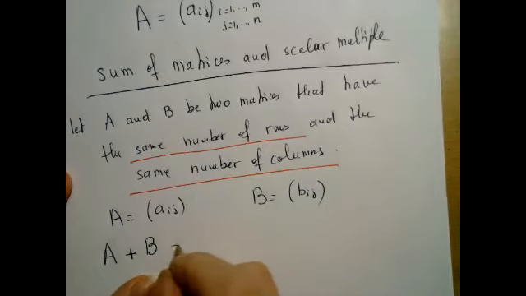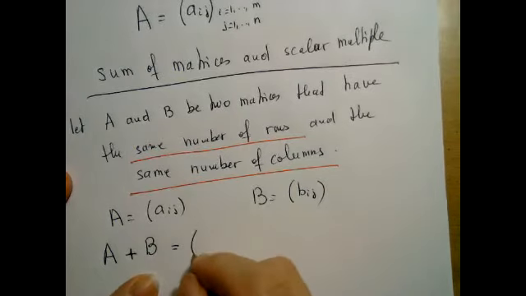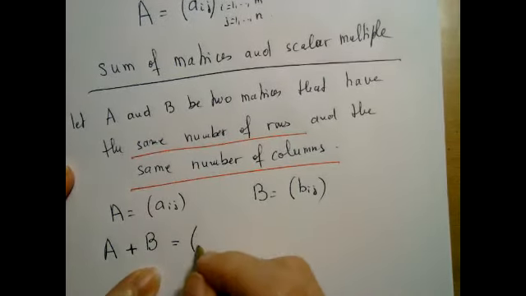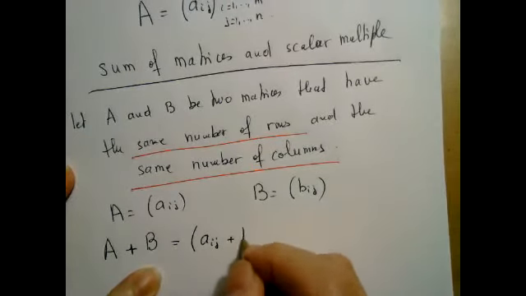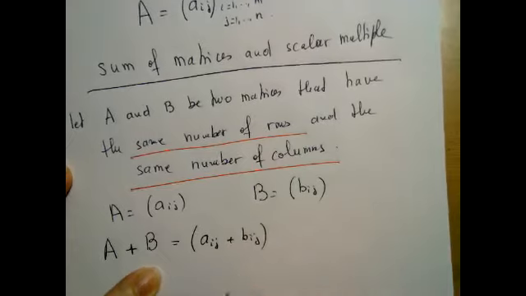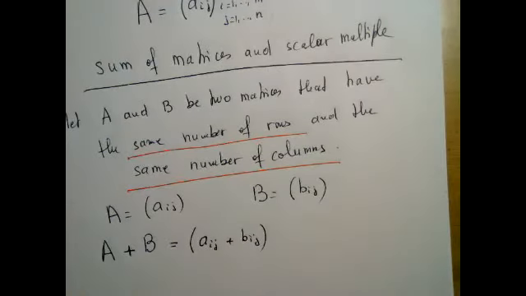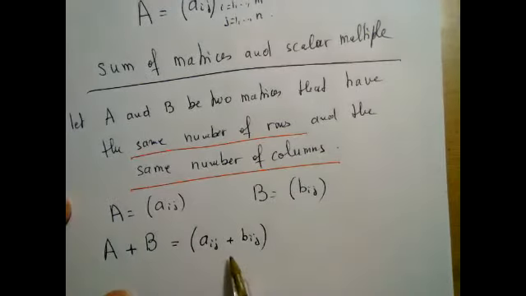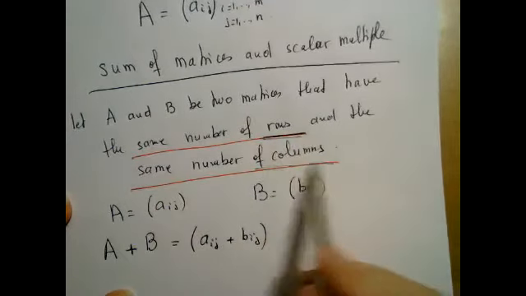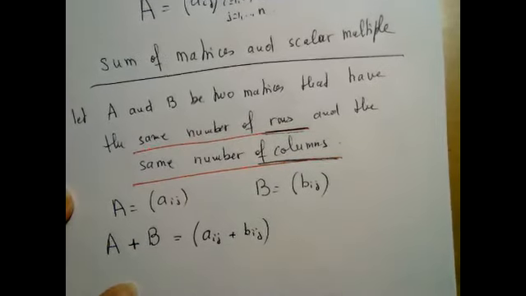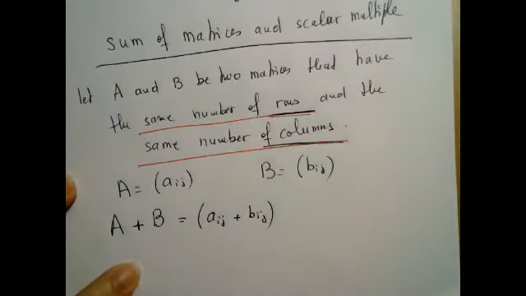What do I mean by adding them in the most natural way? It means A plus B is a new matrix whose entries are Aij plus Bij. What's crucial is that for this to make sense, A and B have to have the same number of rows and the same number of columns. Otherwise, this definition makes no sense whatsoever.